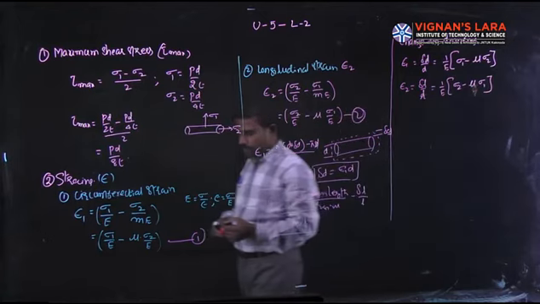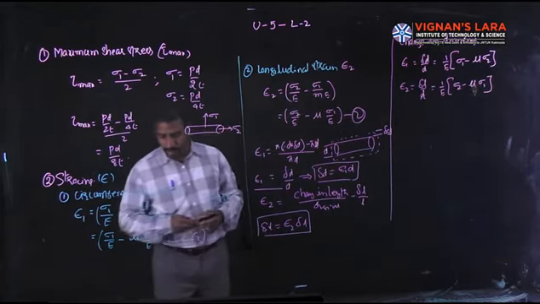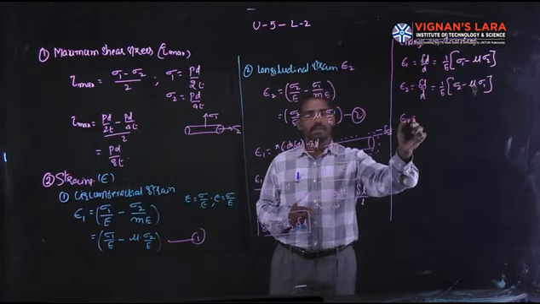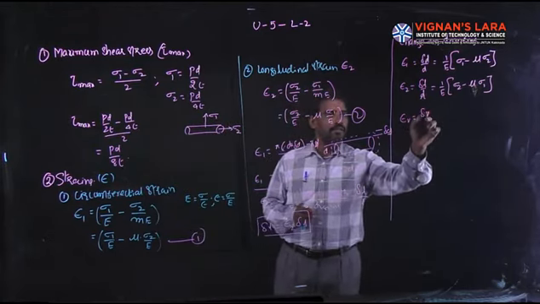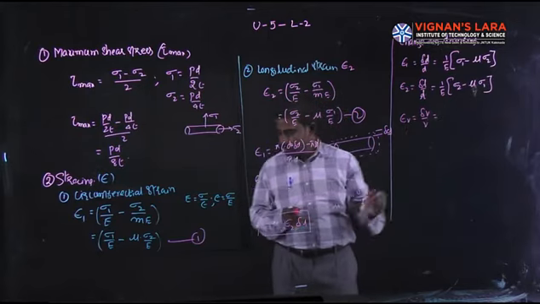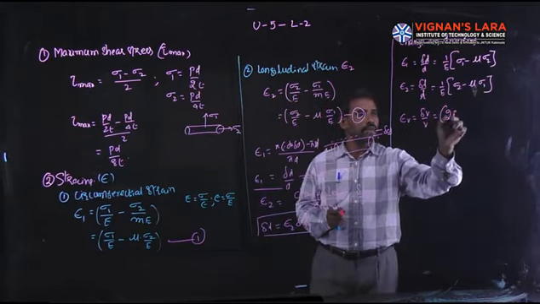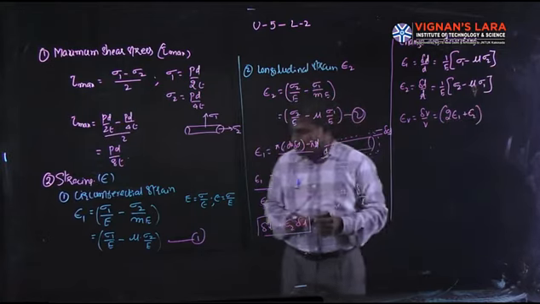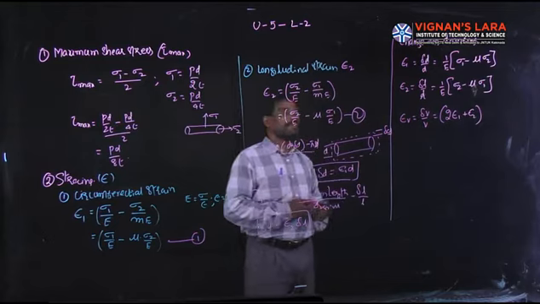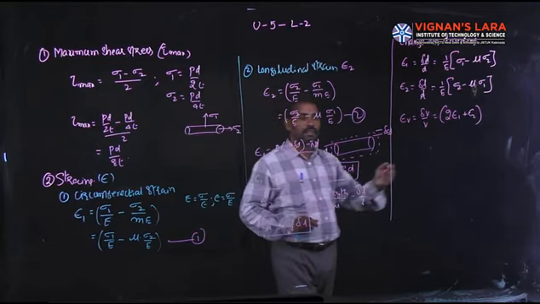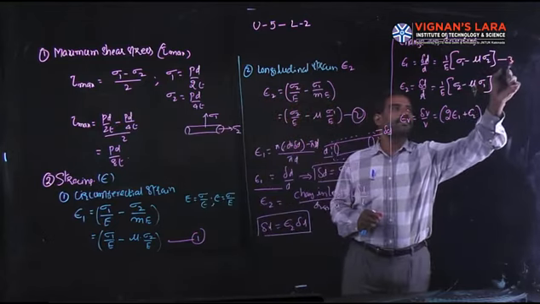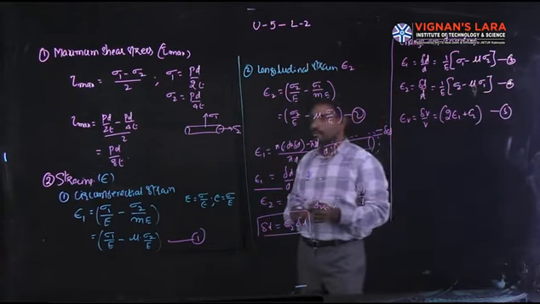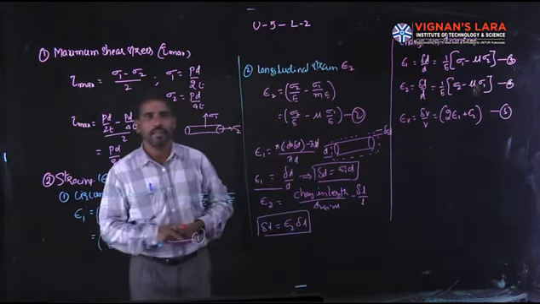That is the longitudinal strain. Then the volumetric strain, epsilon V, is the change in volume by the original volume, which is equal to 2 into epsilon 1 plus epsilon 2. So we can find the change in dimensions by using equations 3, 4 and 5.